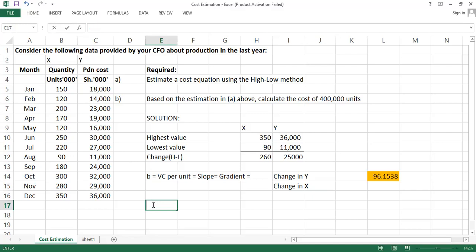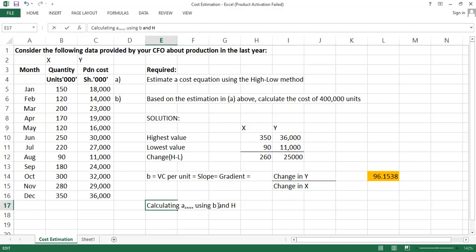Now, I'll say that calculating A, in computing A, remember we use the value of B. B is what we have computed above, this 96 point something. Calculating A using B and what?